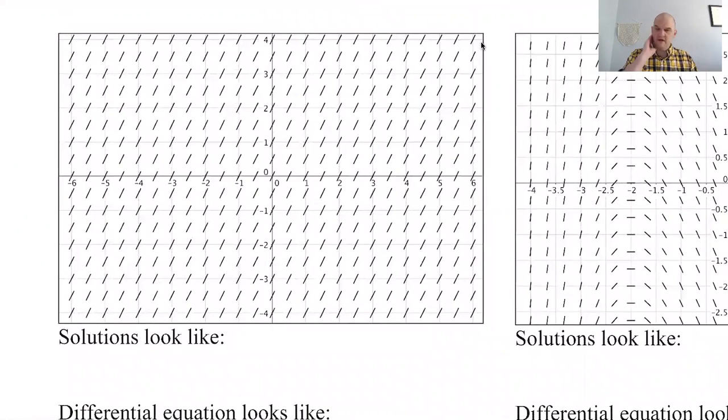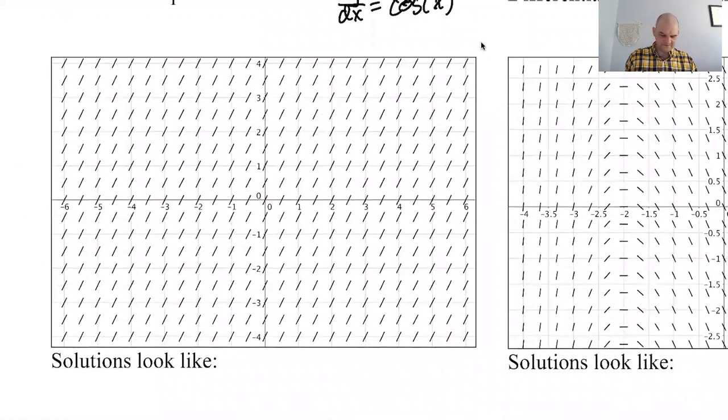So here, this is a very weird looking slope field. For example, let's take advantage of the ability to make a line. I think that could be a solution. I think that could be a solution.